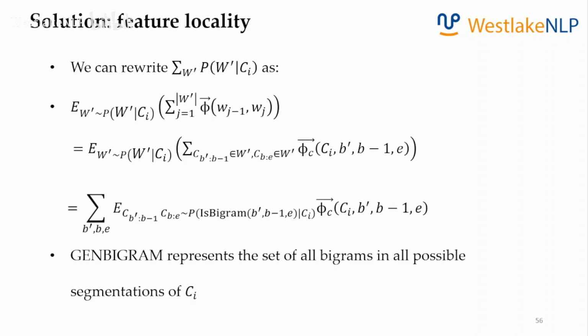And as you can intuitively understand, this expectation is also the sum of enumerating all possible local segmentations, the local bigram probability times this local feature, okay?